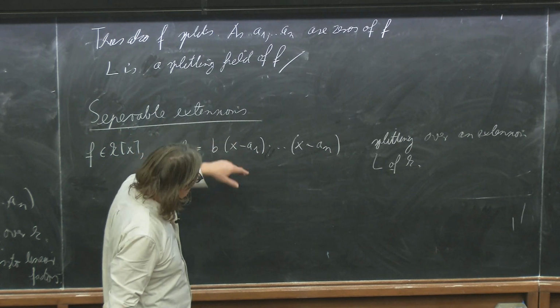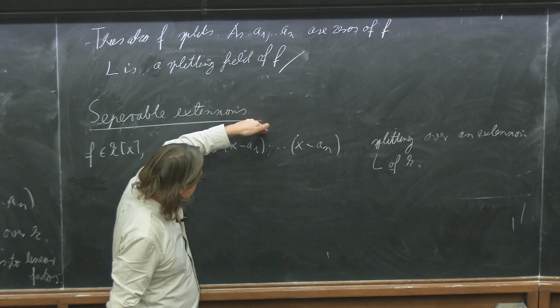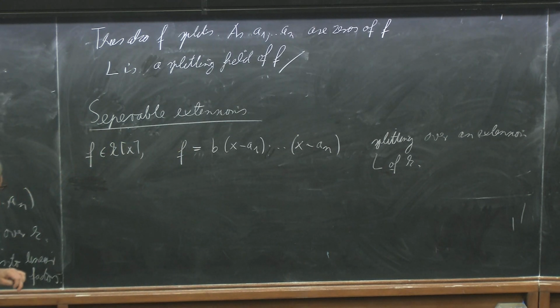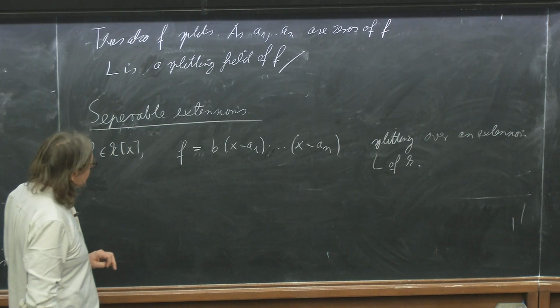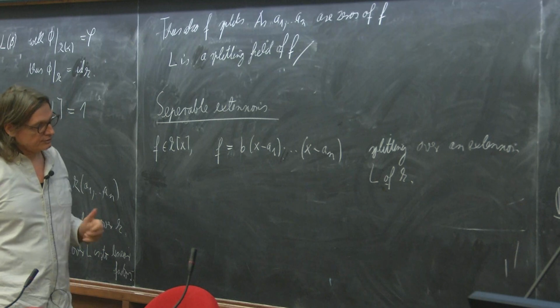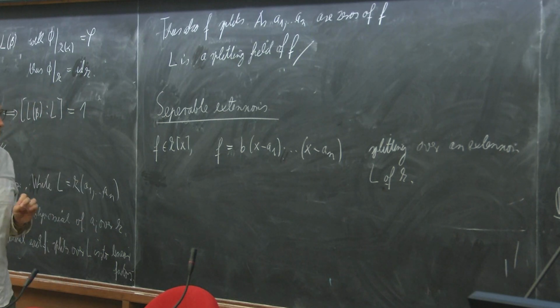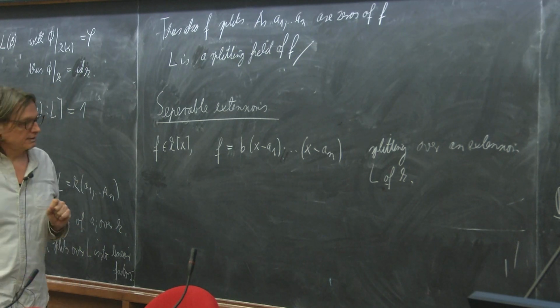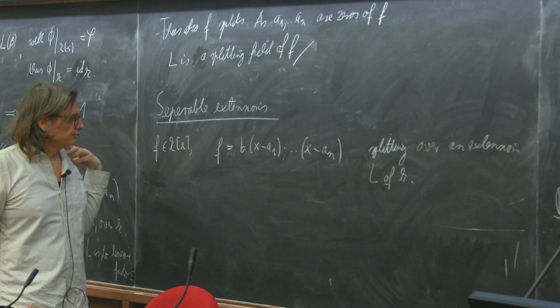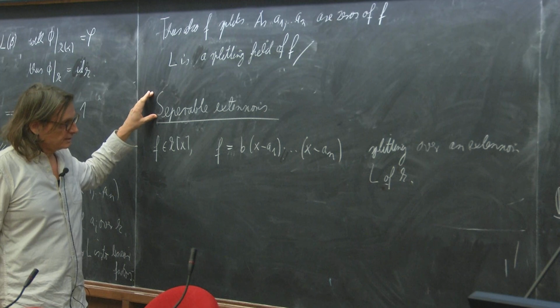So if one of these factors comes with higher multiplicity. If one wants to avoid the difficulties coming from multiple zeros, one has to say that under certain conditions they won't be there. And the condition which ensures this will be that the field extension is separable.